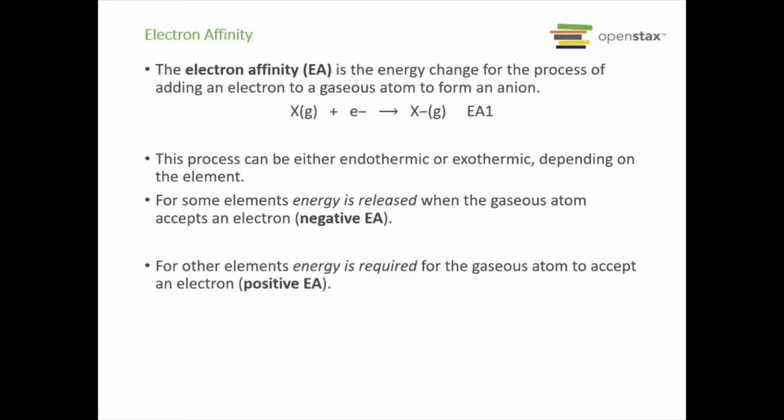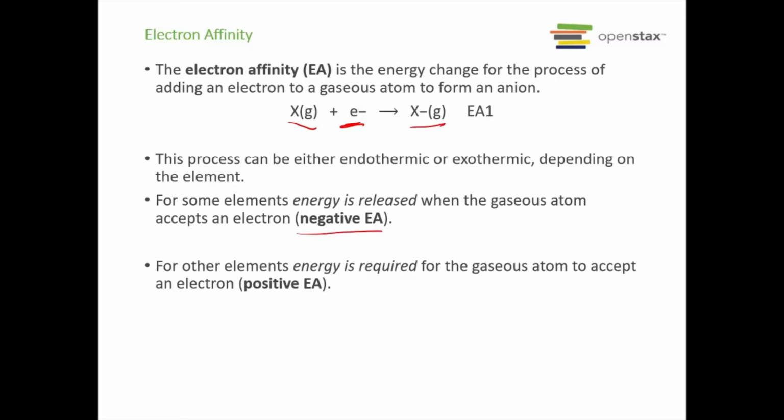Our next property is electron affinity. And this is the energy change for adding an electron to a gaseous ion or atom to form an ion, and an anion at that. So we take our gaseous element and we give it an electron to give it a negative charge. Depending on the element, this can be endothermic or exothermic. Some elements release energy when the atom takes an electron, so you would have a negative energy.